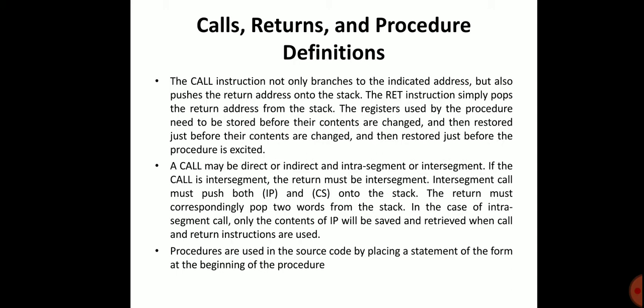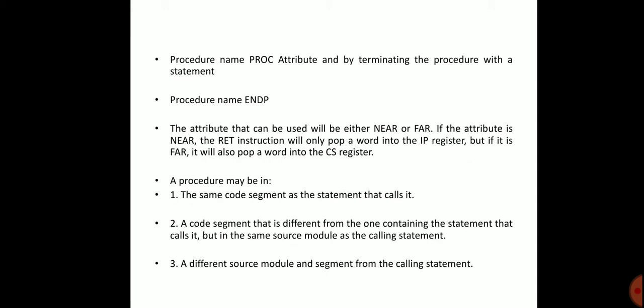The procedures are used in the source code by placing a statement of the form at the beginning of the procedure, naming the procedure with the PROC attribute, and terminating the procedure with a statement, the procedure name followed by ENDP, the end of procedure.